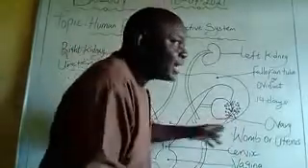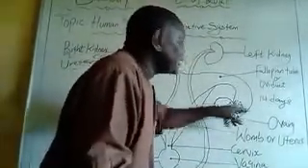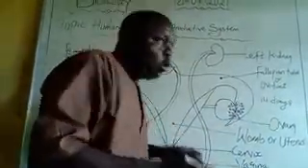Ovulation is the release of an egg from the ovary down to the fallopian tube or oviduct. It will take the period of 14 days.